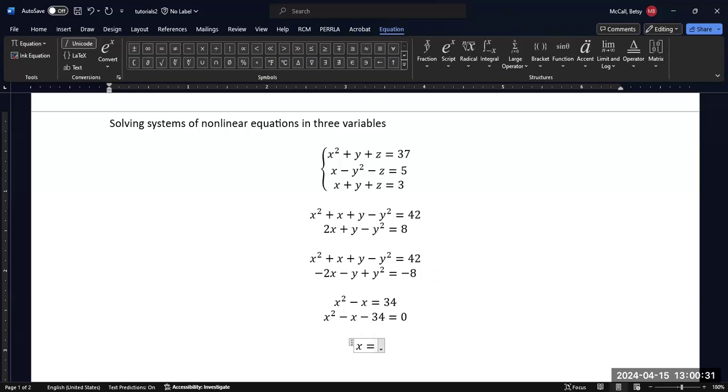X is equal to 1 plus and minus the square root of 1 minus 4 times negative 34, divided by 2, which is going to be 1 plus and minus, let's see, 4 times 34 plus 1 is going to be the square root of 137 divided by 2.